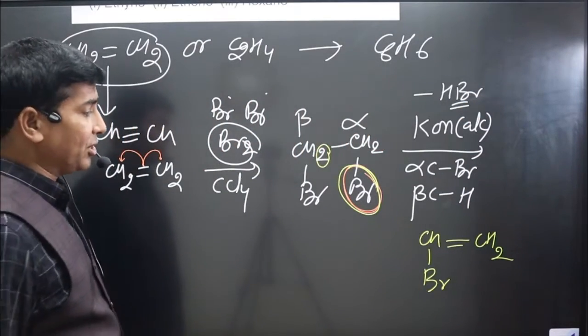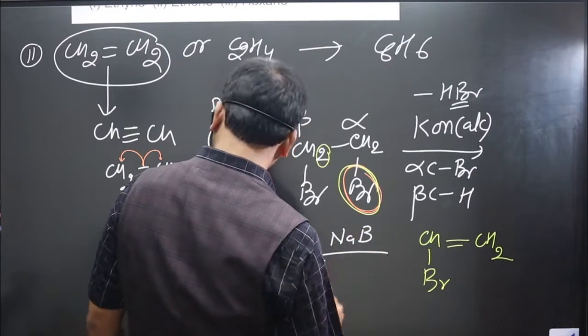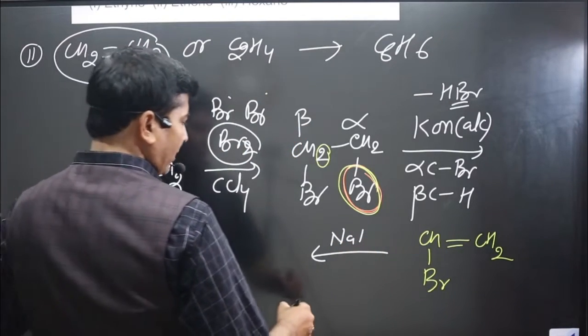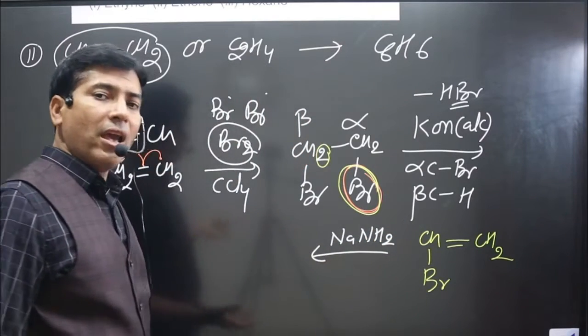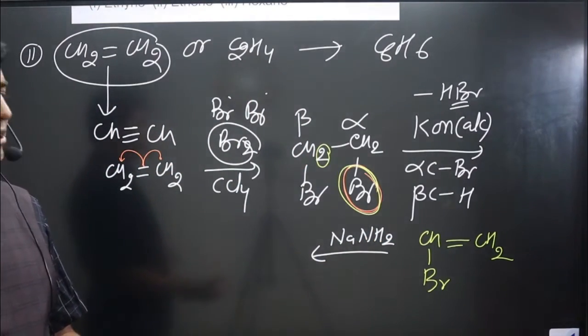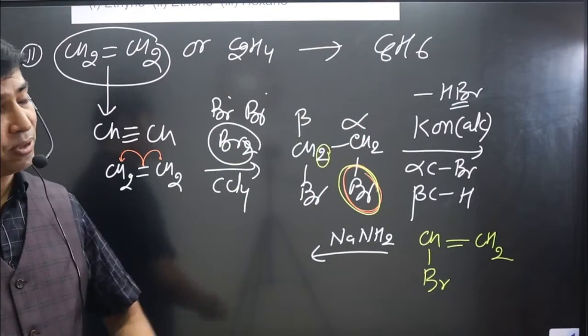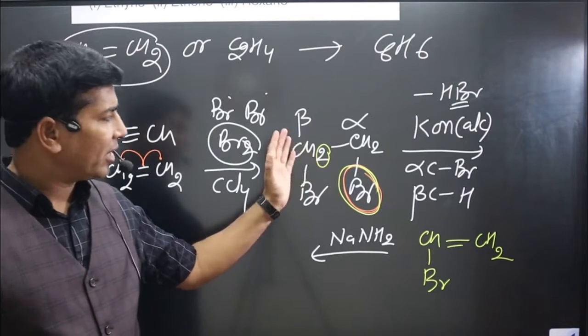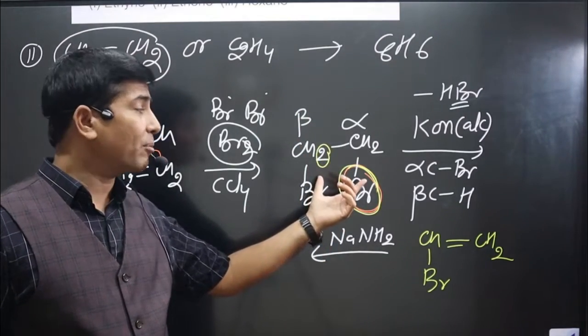Again, we can use a strong base, NaNH2. It also causes an elimination reaction, dehydrohalogenation. Otherwise we can use two molecules of potassium hydroxide in alcoholic medium. One by one we can remove one molecule of HBr, then the second time we remove the second molecule of HBr.